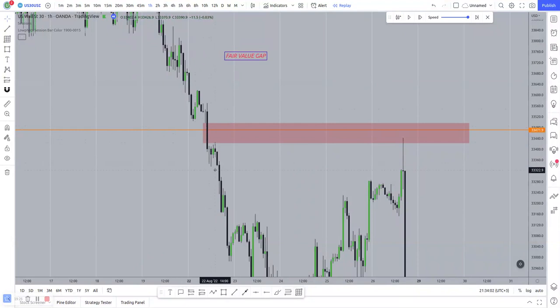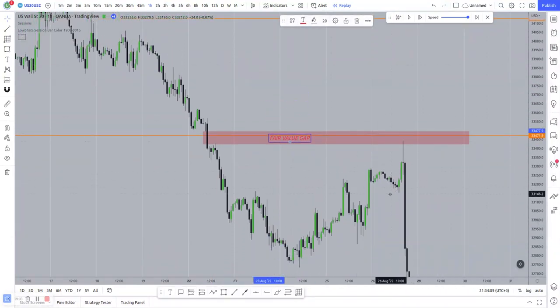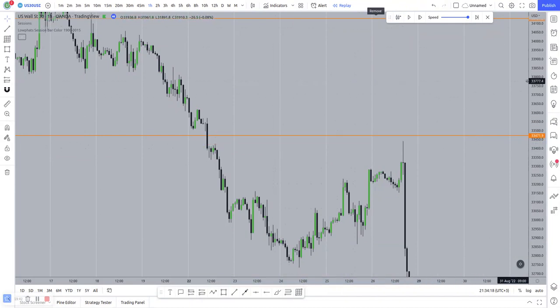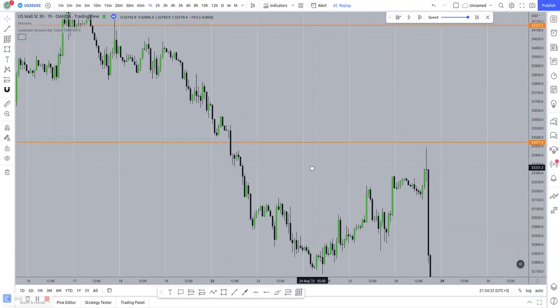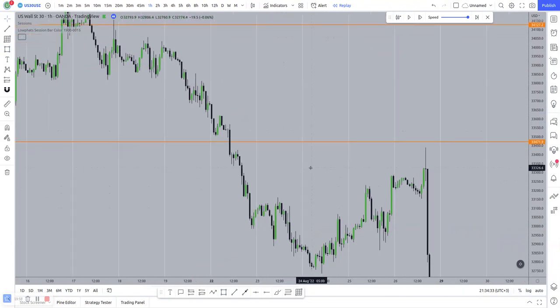This is what I personally call a fair value gap. And I know price is going to climb back up to fill in this imbalance, and then we continue down. But if you go in here and look for FVG, price is going to come here. It will not. Price is going to come in here. It will not.